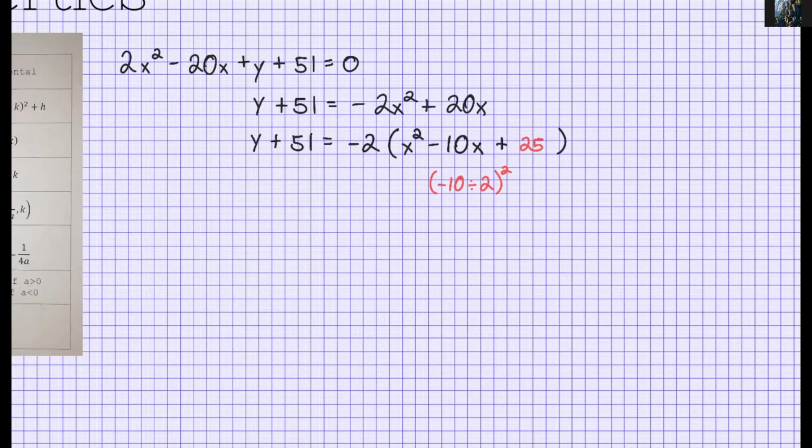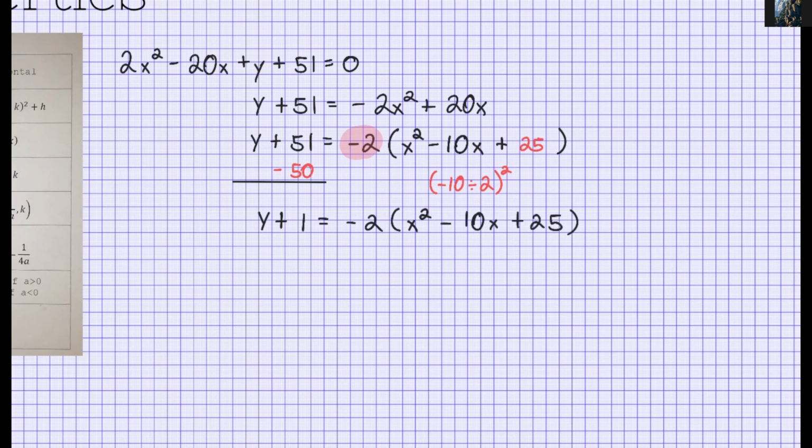This 25, let's remember, is being affected by this -2. What I do on one side, I do on the other. That means that I'm going to subtract 50 on the other side. So I end up with y + 1 = -2(x² - 10x + 25).